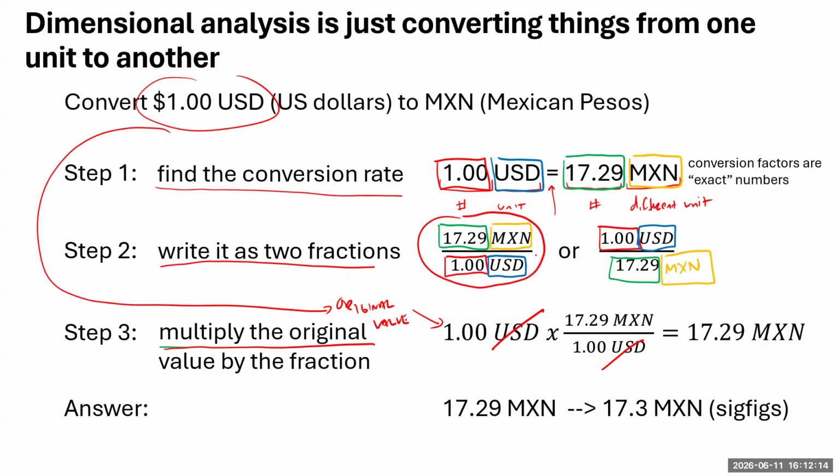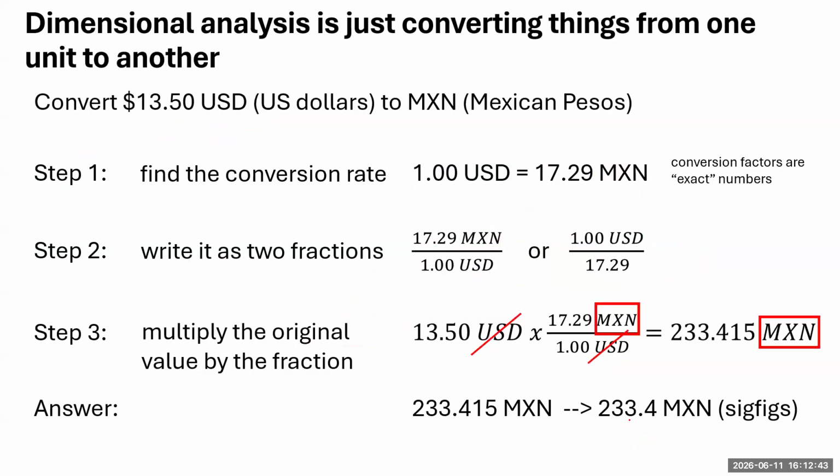So we're going to use this fraction. The US dollars cancel out and it just becomes 17.29 Mexican pesos. And since we're starting off with 3 sigfigs here, we're going to end up with 3 sigfigs at the end.